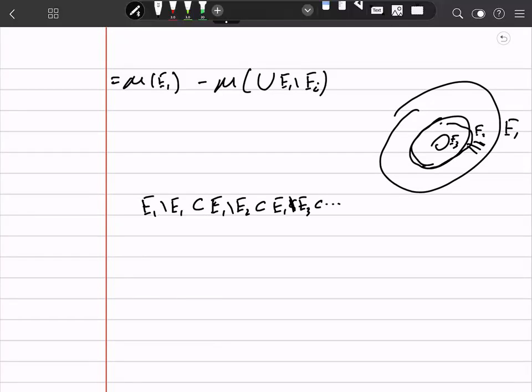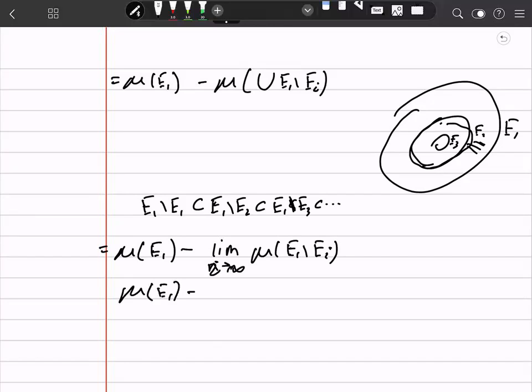So we have an increasing sequence, so we could use continuity from below to write this to be equal to mu of E1 minus the limit as I goes to infinity, mu of E1 set minus EI. But of course, EI is a subset of E1 for every I. This is mu of E1 minus the limit as I goes to infinity, mu of E1 minus mu of EI.